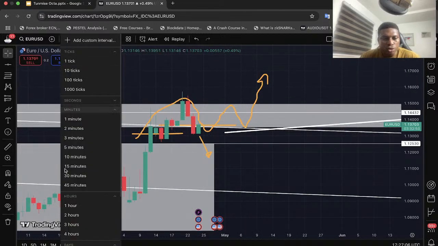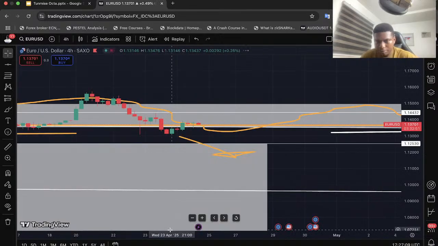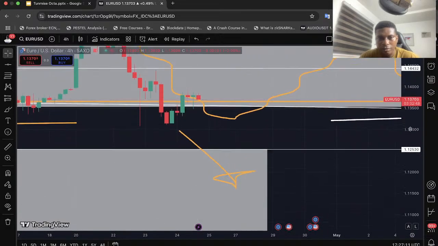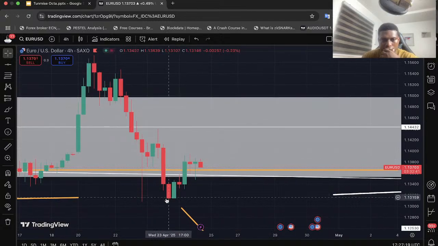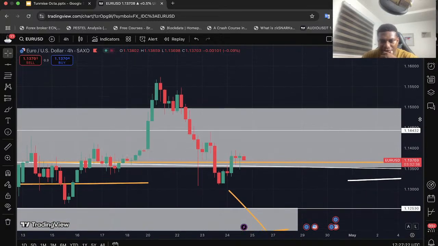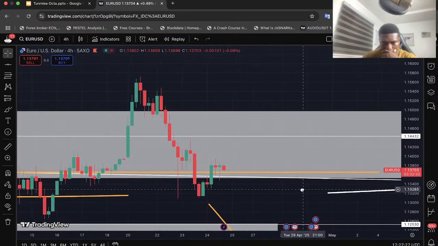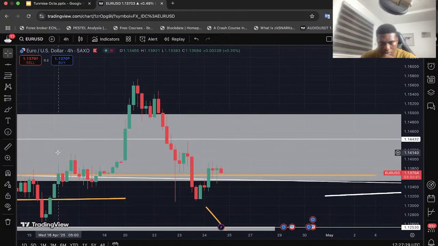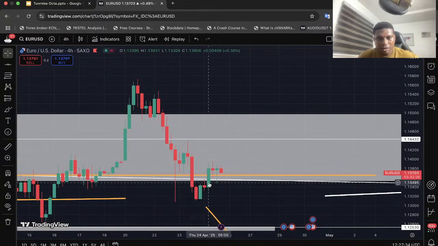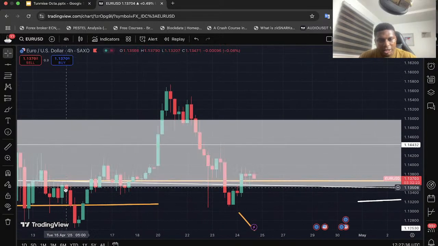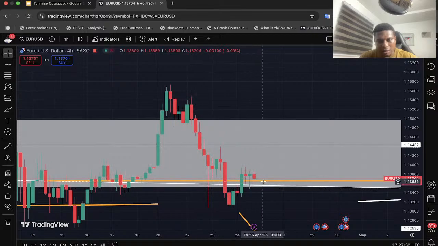Now let's go down to the 4 hours time frame. Observe the candlestick patterns on the 4 hours time frame. You see that this level has also been acting as a strong support and resistance zone.